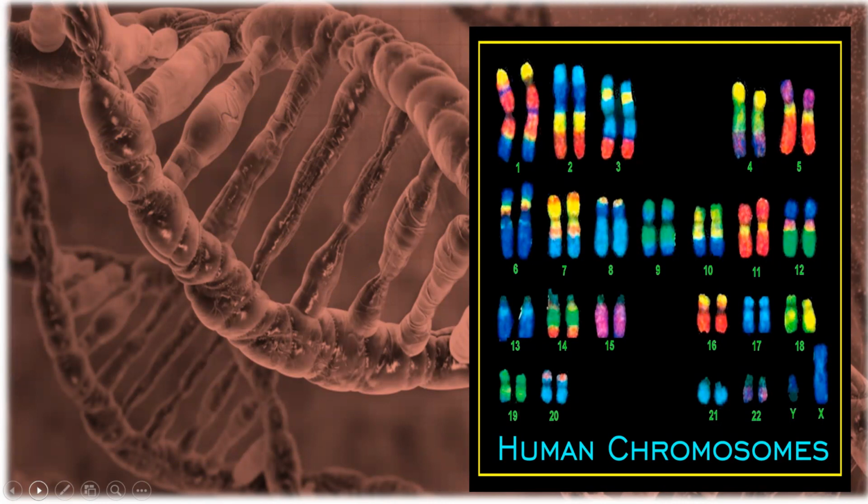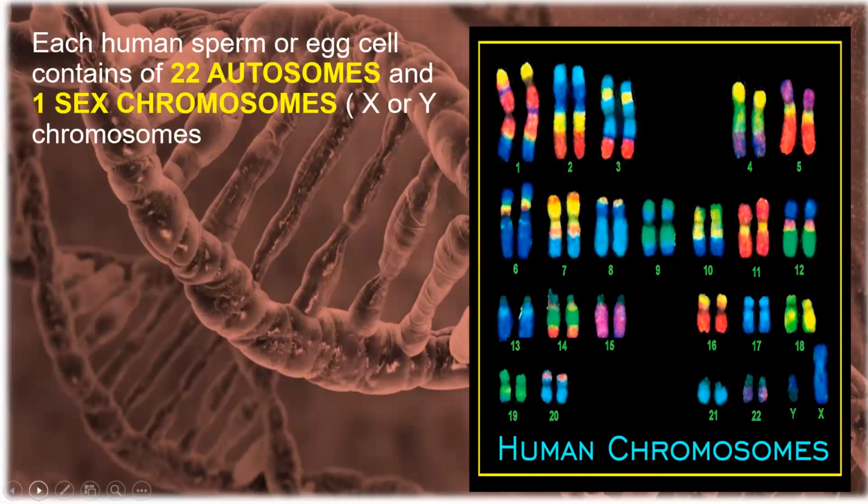These are the human chromosomes: 23, 22 plus 1 sex chromosome. Remember this, each human sperm or egg cell contains 22 autosomes and 1 sex chromosome, X or Y. Remember this, 22 autosomes.